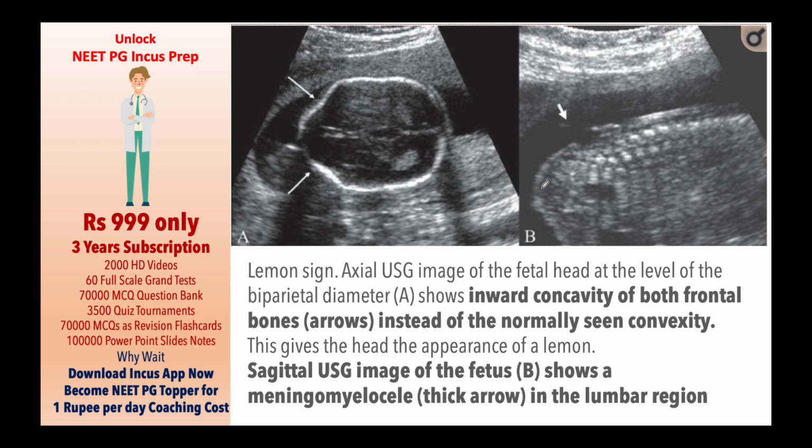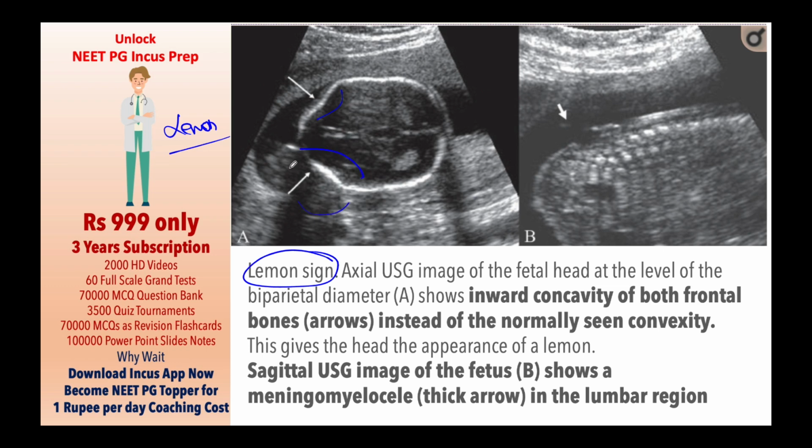Now what is this? This is called lemon sign. If you take the previous AIIMS, PGI, NEET PG, JIPMER question bank, it is one of the favorite questions, asked so many times. So where do you see lemon sign? Typically in an axial ultrasound. You take the fetal head biparietal diameter, and it shows an inward convexity of both the frontal lobes.